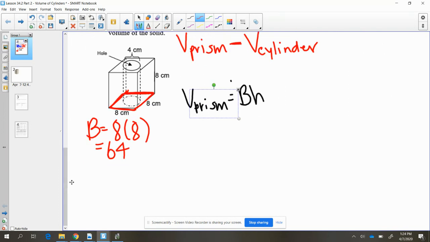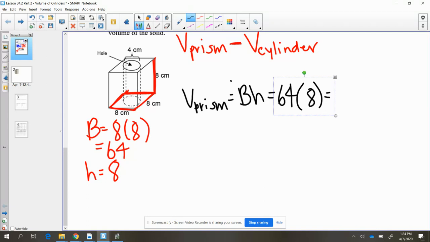And then the height of this prism is also 8. So as we plug in to find the volume of this prism, the area of the base is 64, the height is 8, for a total of 512 cubic centimeters.